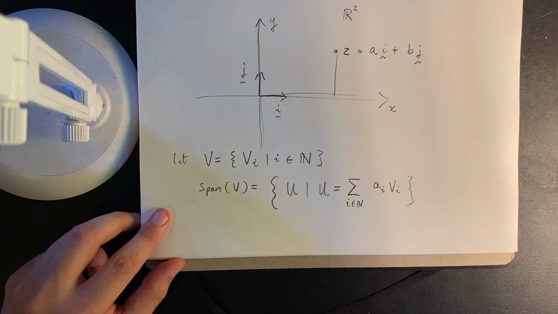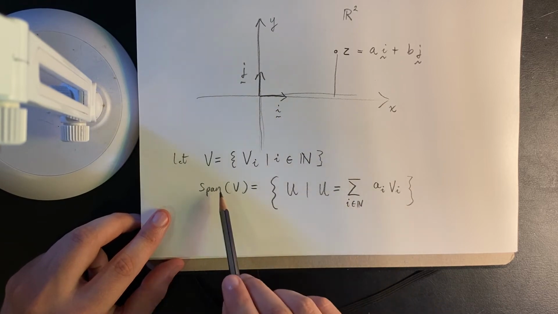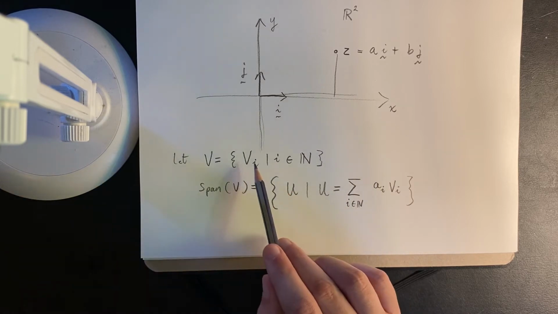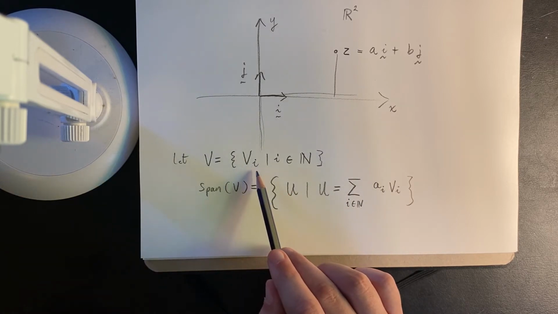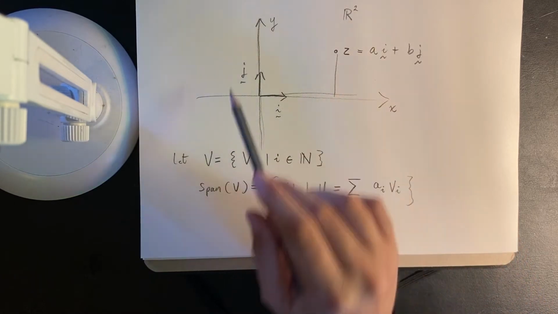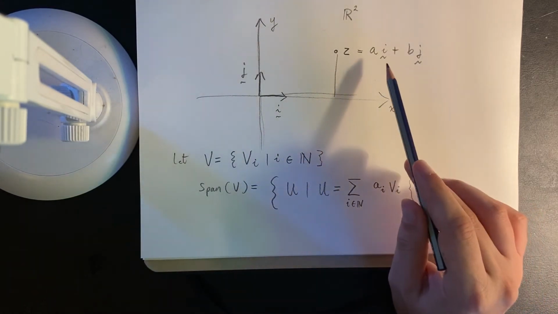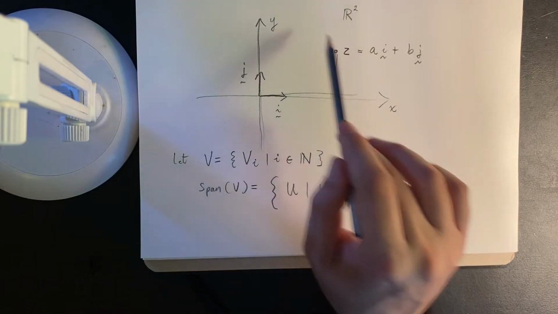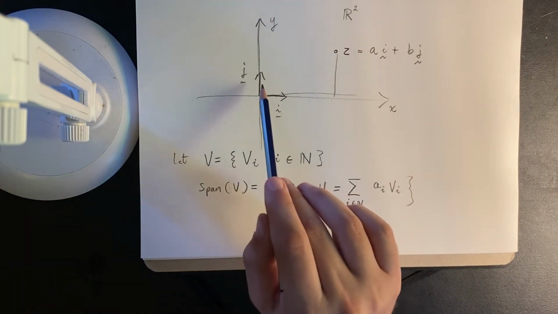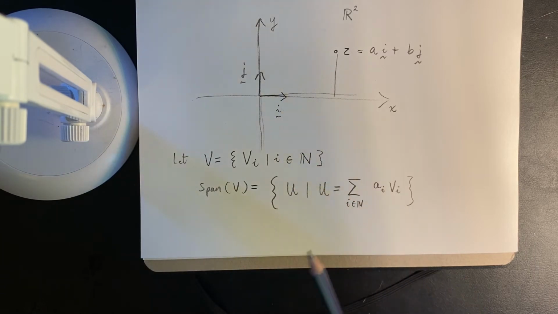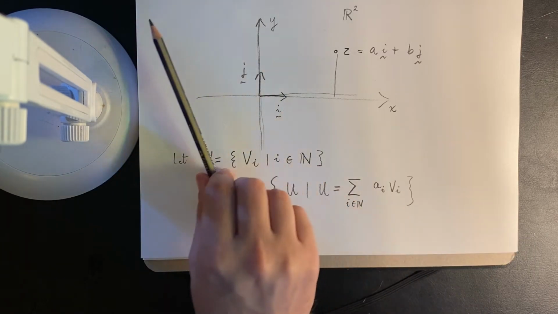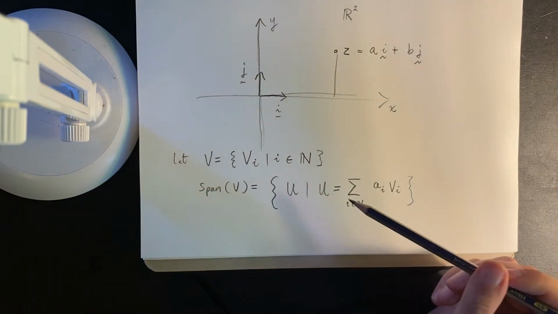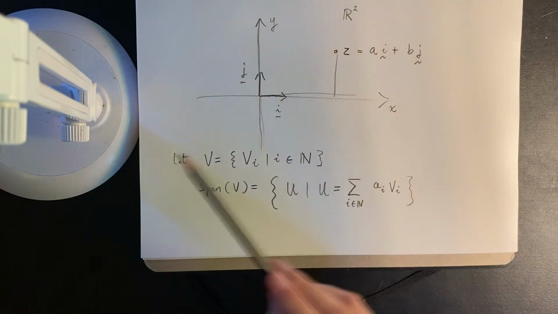In other words, the span is the set of all possible linear combinations that we can make with the elements of the vector set. So if we just look at the two-dimensional example, then any point here in this 2D plane is some multiple of i plus some multiple of j. And so the span of i and j is the 2D space.